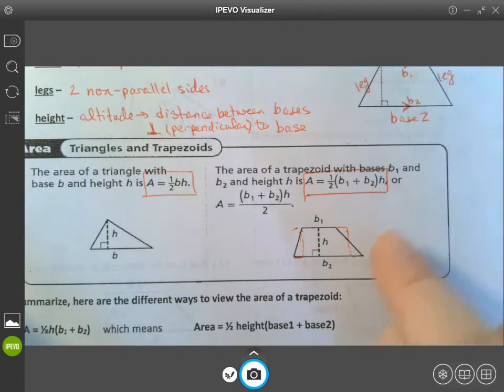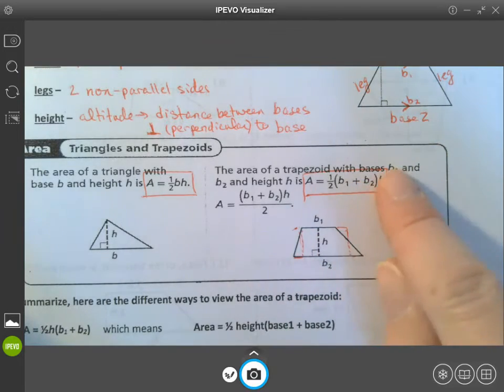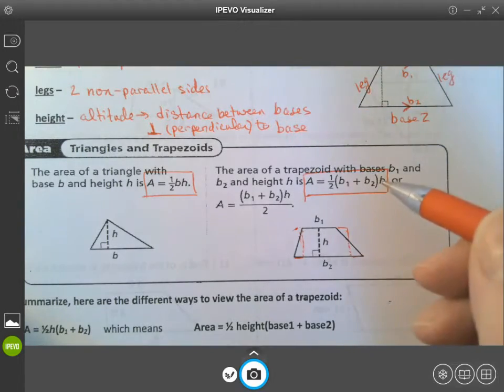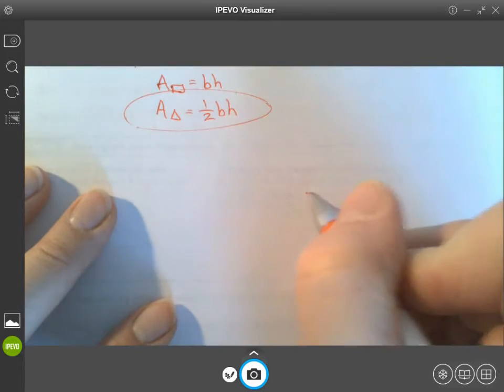And the idea is if you take the little piece and the big piece, add them together, and take half of it, isn't that taking the average? Take the big and the small and divide it by 2. So basically you're creating a rectangle out of here. And then you multiply it by the height.